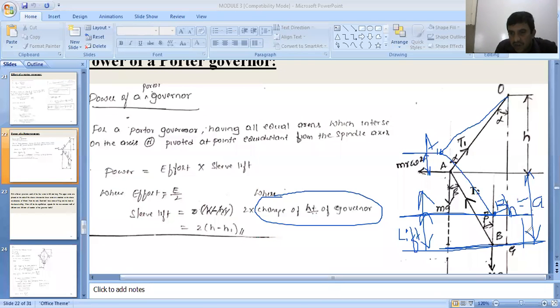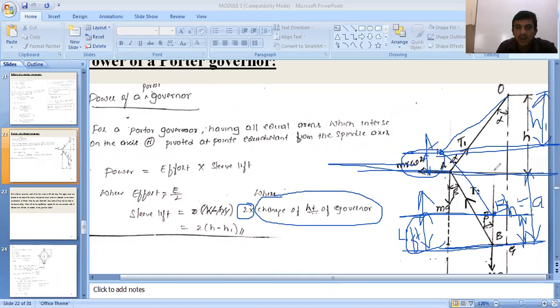The sleeve lift is two times H1 minus H, that gives this height, but I need the total lift here, so two times this height will be the sleeve lift. Why do we multiply by 2 here? You consider only the height of the governor from the governor ball position, the upper position.